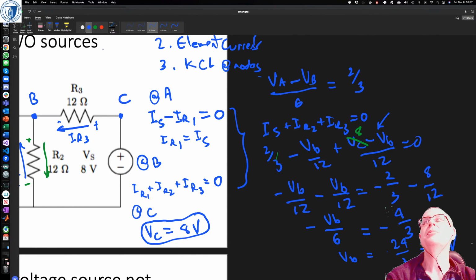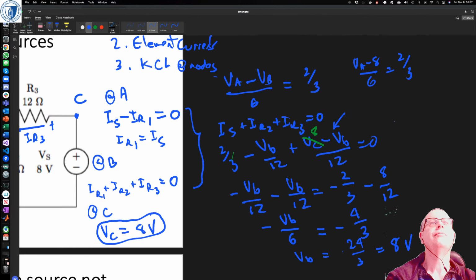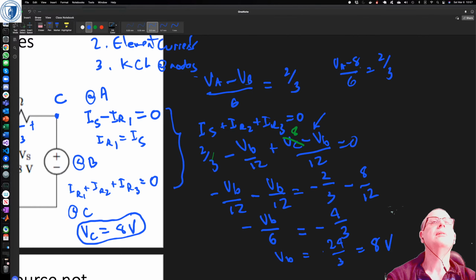Okay, and then we can substitute that back up into here. We get VA minus 8 on 6 equals 2/3. So what's that? Multiply both sides by 6, and we get VA minus 8 equals 4.